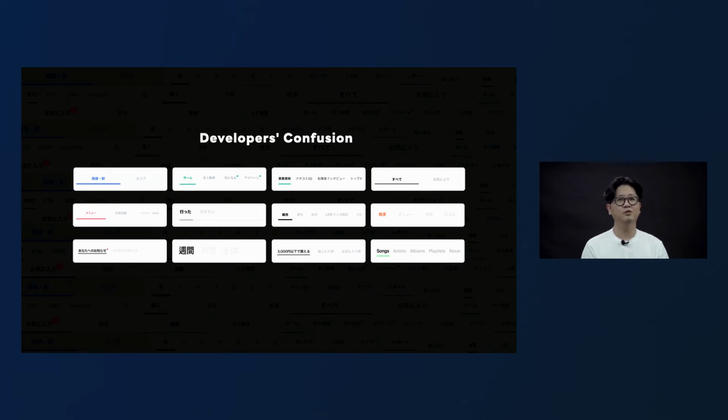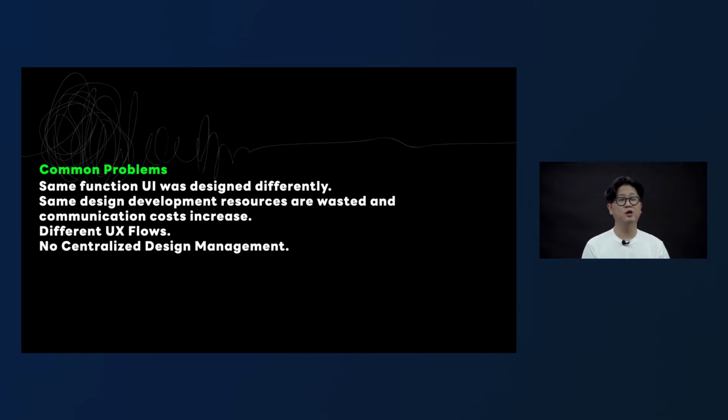The picture you see here is a part of the tab menu UI that existed in Line at that time. If you click on tab menu, it switched to a page and the function was the same. And at that time, developers were having a bit unnecessary communication about why the tab design had to be redesigned. And when we looked at the problem, the UI of the same function was being designed differently, leading to a waste of dev resources.